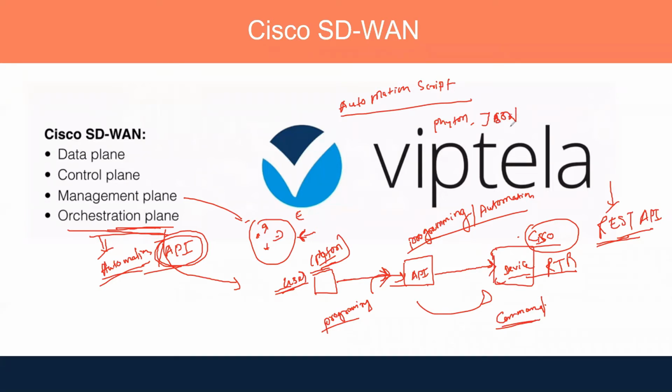These are the automation scripts I can use. But what code do I need to call so that the device can give the information or execute my command? That code I would get from the API. Each company has their API, and this is public, not private. You can search over the internet and you would be able to get the API for managing a Cisco device or managing Viptela.